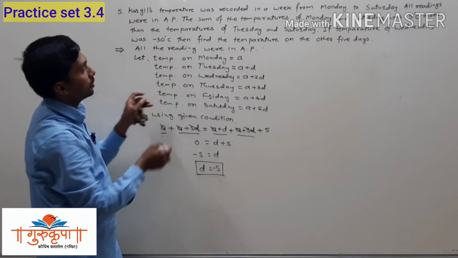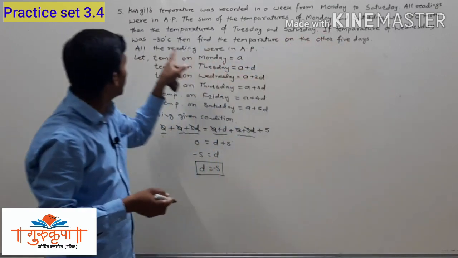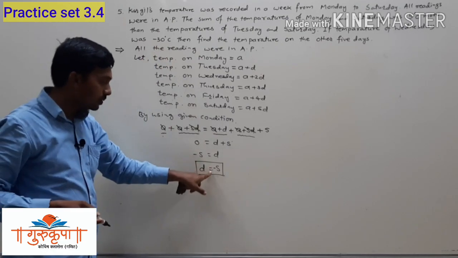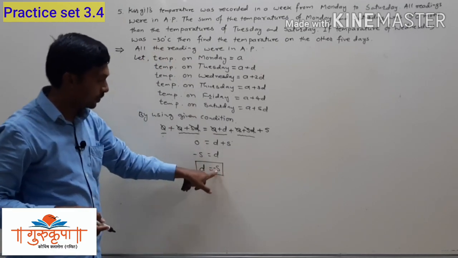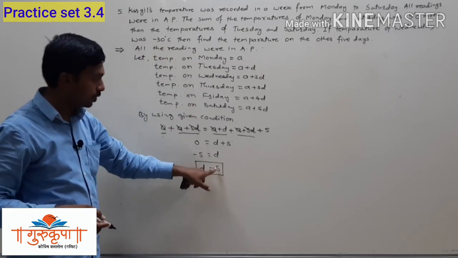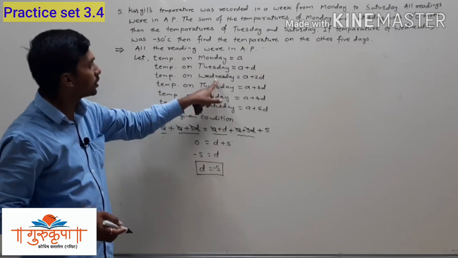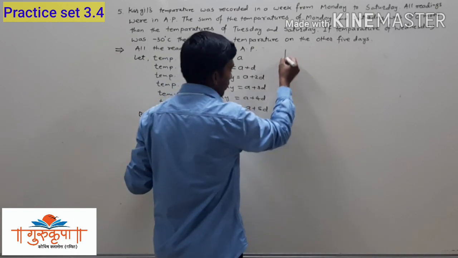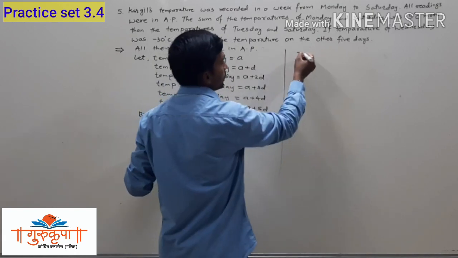Now it is given, see the second information: the temperature of Wednesday was minus 30 degrees Celsius. Using this value of D, minus 5, in the temperature of Wednesday.